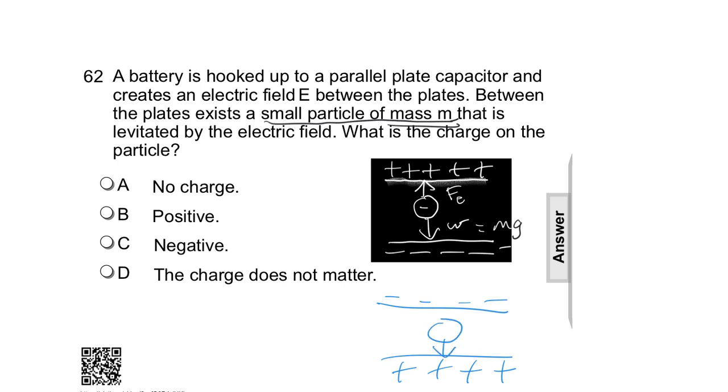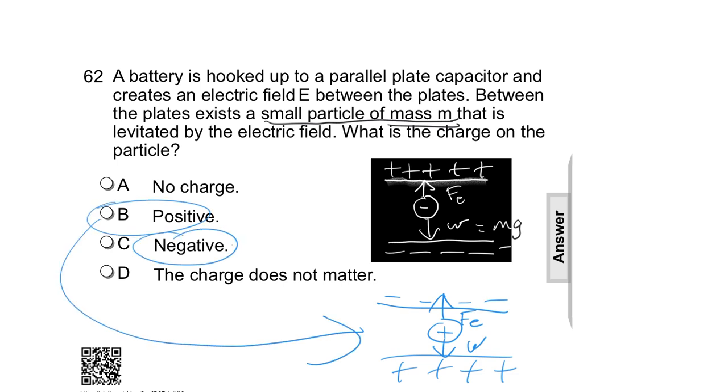The mass has weight down, and the electrical force would have to be opposing that weight, so the charge would have to be positive. If I had given that picture with the plate being positive on top, it would have been that answer.